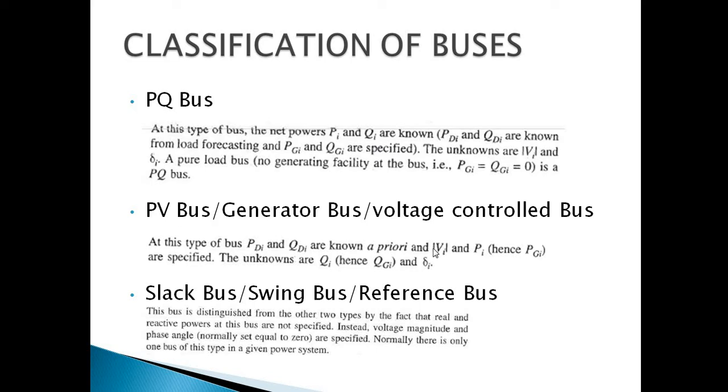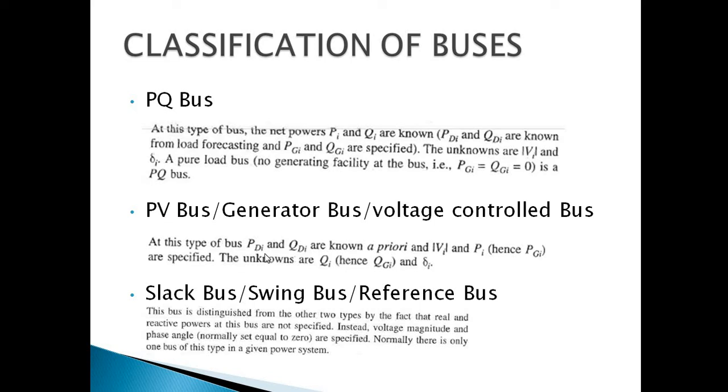Next is the PV bus. The PV bus is also called the generator bus or voltage control bus. In the PQ bus we are unaware of the voltage, we know the power injected. But in the PV bus we are aware of the voltage. We know the real power P and the voltage. Q and delta we do not know.